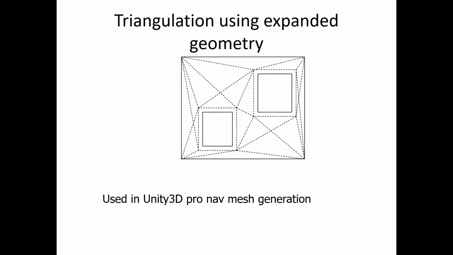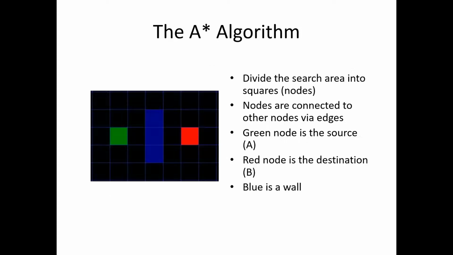XY traversal is the same kind of thing. Triangulation is how Unity generates navigation graphs. All the geometry is expanded outwards and nodes are placed around it, and then you do some raycasting to check whether the nodes are navigable from one to another. That's basically triangulation.